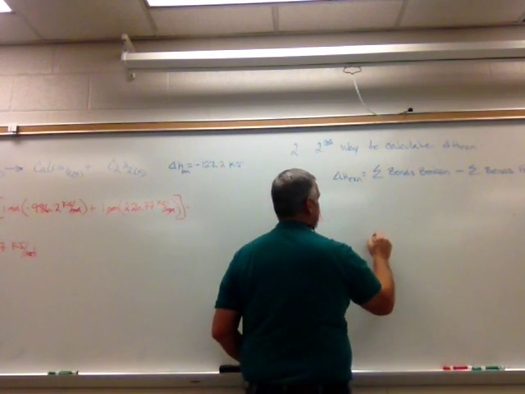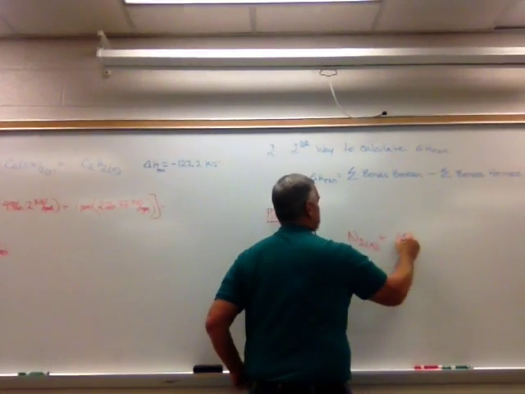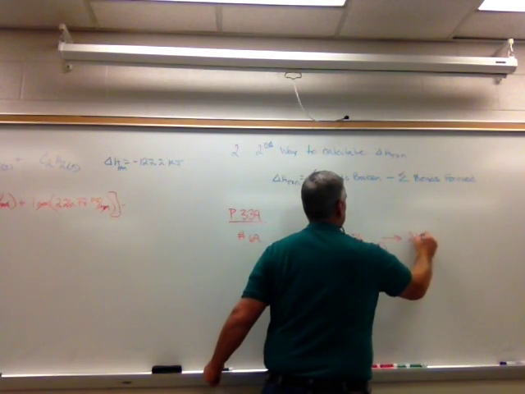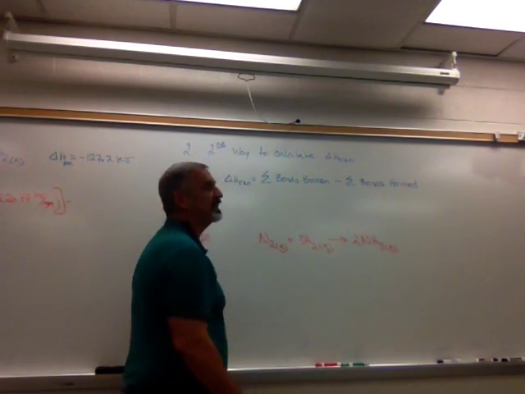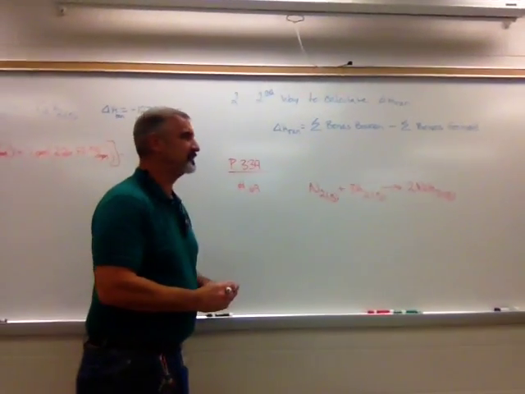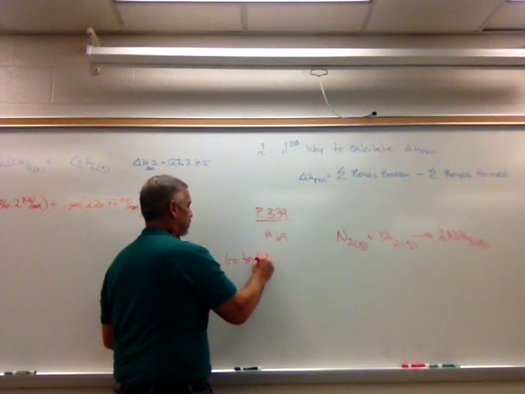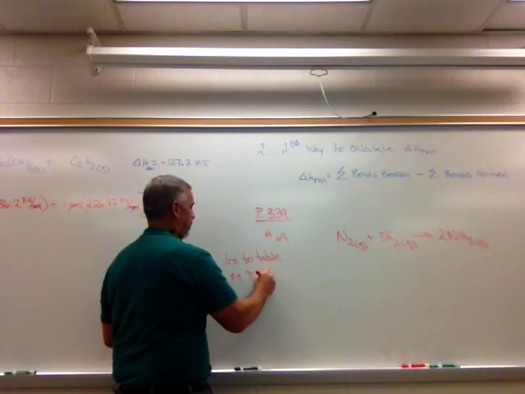It says that nitrogen gas combines with hydrogen gas, 3 of them, to make 2 ammonia gas. We want to calculate the heat of the reaction using bond energies. So you go to the table on page 330.